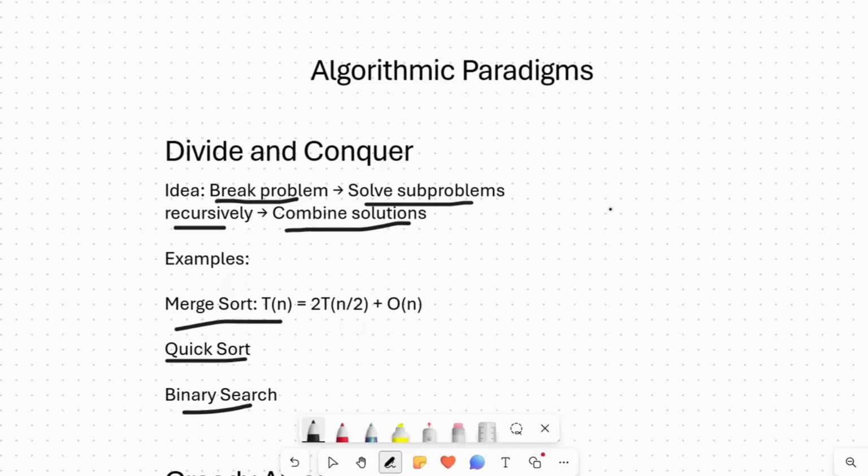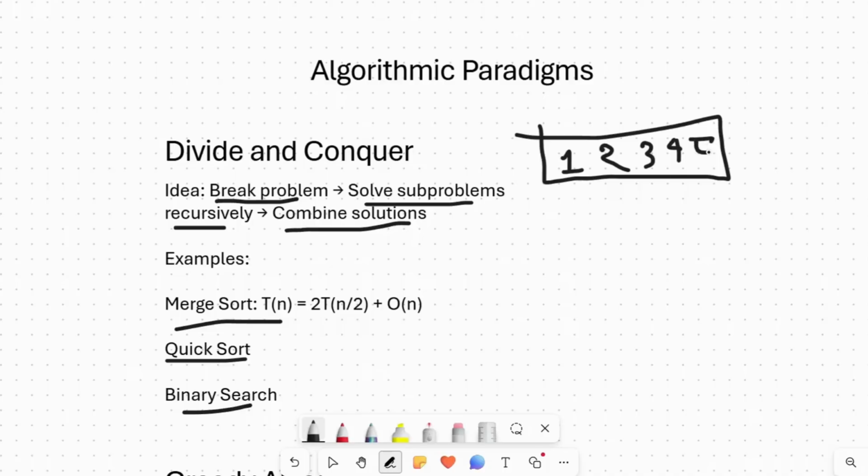Let's talk about how binary search is divide and conquer. For example, we have a list of numbers: 1, 2, 3, 4, 5.